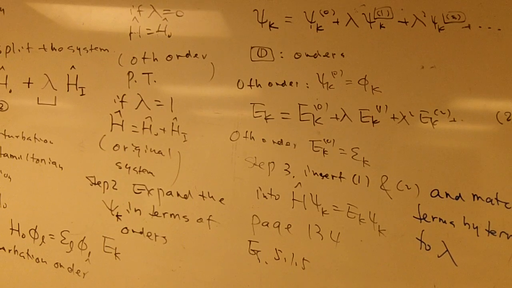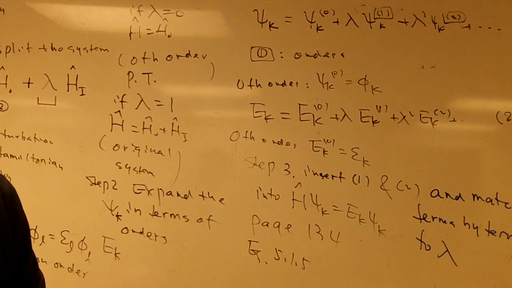Comparing it with equation 5.1.2 reveals that the zeroth order wave function psi_k 0 is just the eigenstate phi_k of H naught. Psi_k of 0 equals phi_k, and E_k of 0 equals epsilon_k. This makes sense since if there is no perturbation, we surely get the eigenstates of H naught. Great, thank you so much.